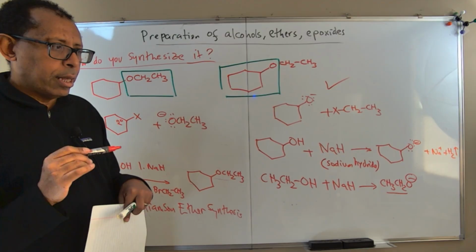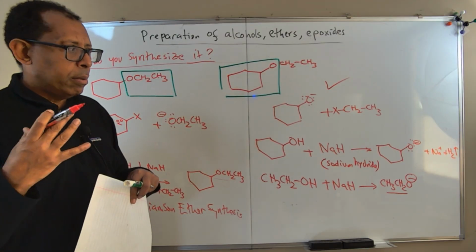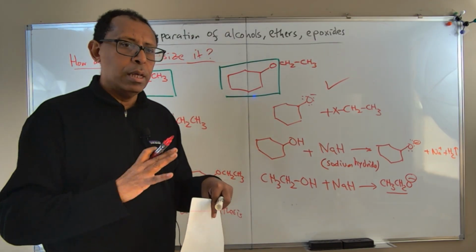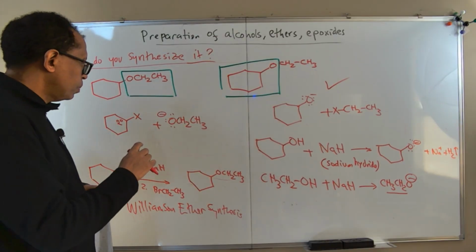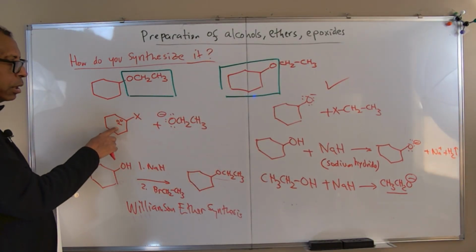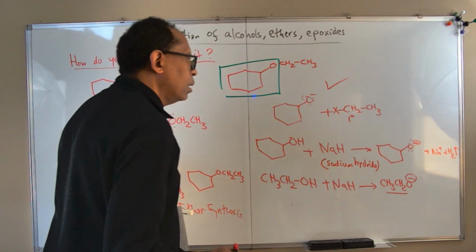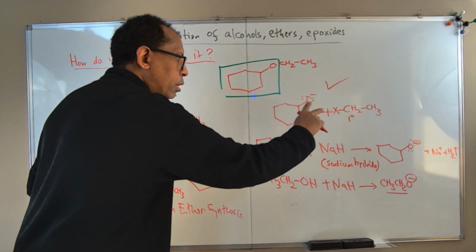You don't want the alkyl halide to be sterically crowded. You want it to be primary, maximum a secondary. Otherwise, that counterpart would not be good. In this one it is secondary, but in this, the alkyl halide is primary. That's why I chose that reaction combination.